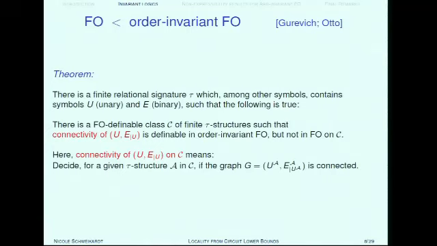And the overall idea built into this class C is that your structure that belongs to C in some sense encodes the entire Boolean algebra on the nodes that are interesting for the connectivity here.